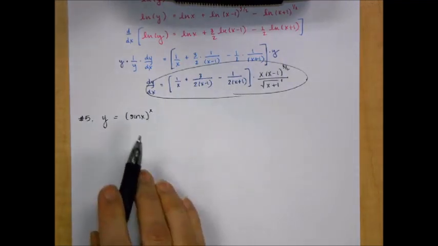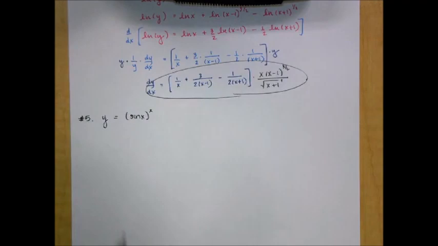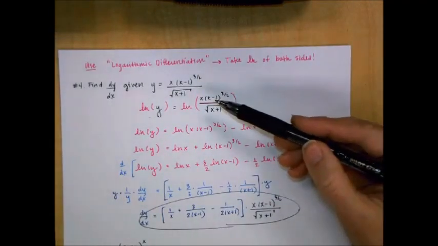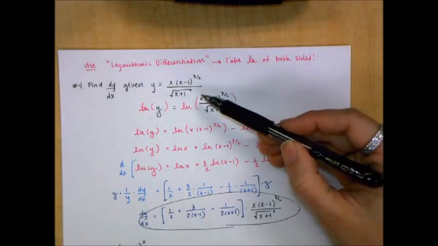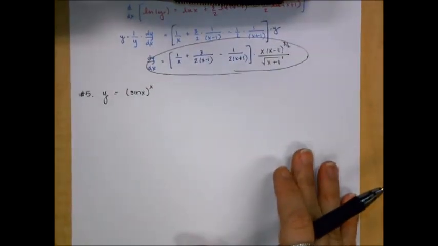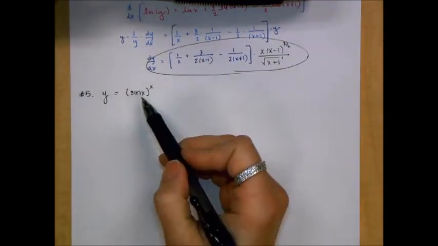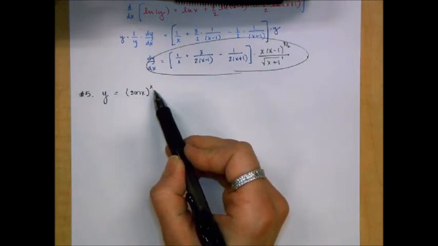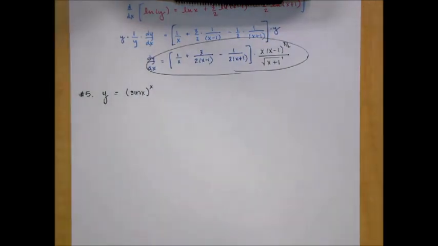You had a way of taking this derivative, quotient rule, product rule, some chain rule. But this problem, it's not sine to the power 10. It's not a known exponent. It's a variable in the base and a variable in the exponent. The only method you have for taking the derivative here is by using logarithmic differentiation.